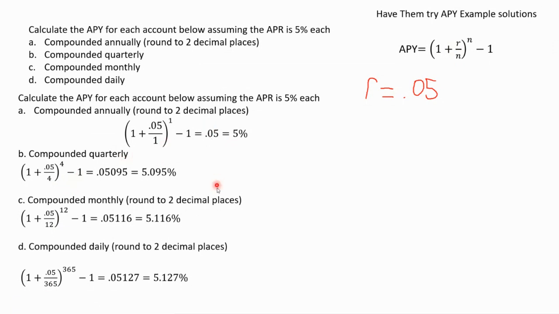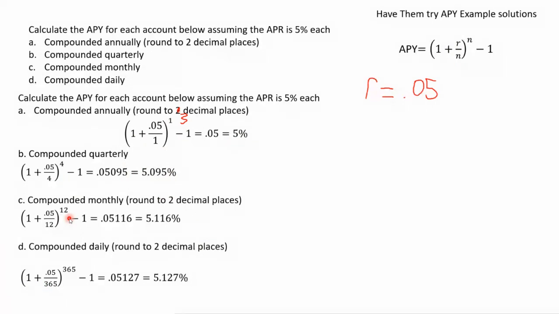I know I said round to 2 decimal places, but I probably should have meant 3. But anyway, we get this amount. So this should have been a 3, but that's all right. So that's what we get. And so from here, we get 5.095%, a little more than R.